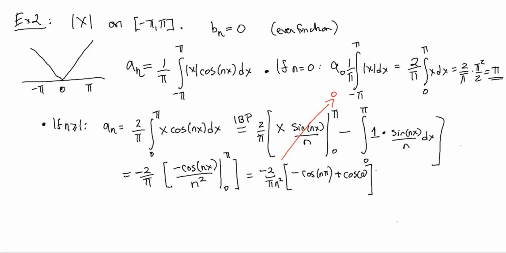Well, it depends on what n is, right? If n is even, cosine n pi is just 1. And if n is odd, it's minus 1. So this is minus 2 over pi n squared times 1 minus (minus 1) to the n.